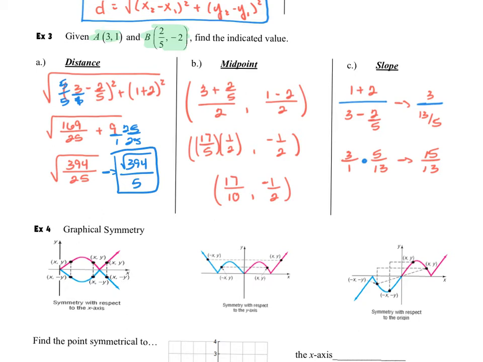Okay. Now, on the next one, our midpoint, we're again going to work with some of our fractions here. On the x-coordinate, we're going to need to add those two x-coordinates together. So we're going to either mentally or physically picture adding those together, getting that common denominator.